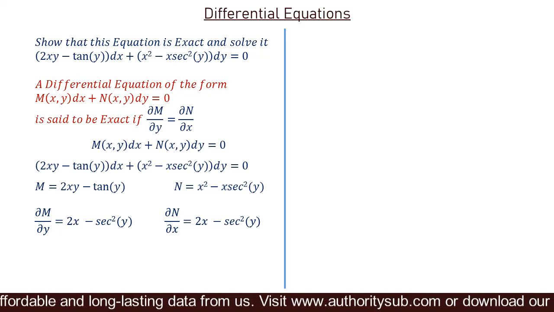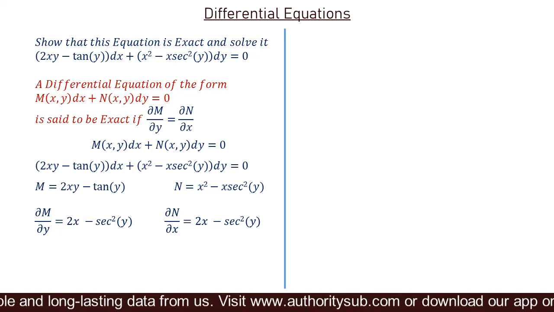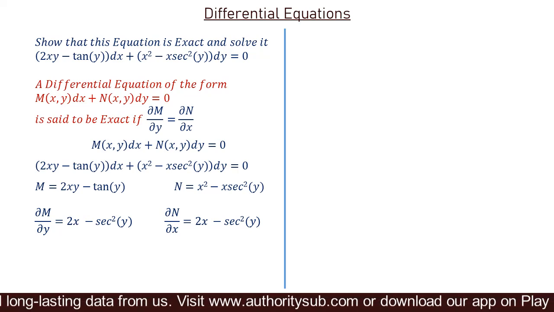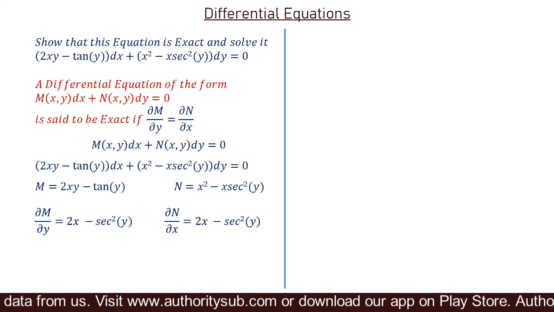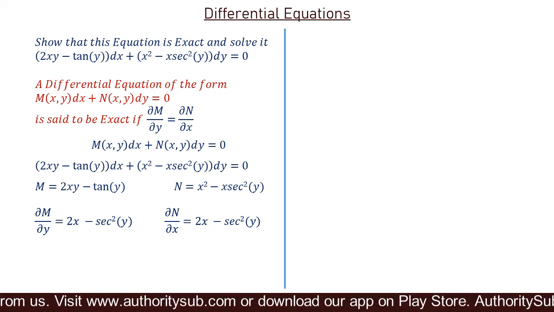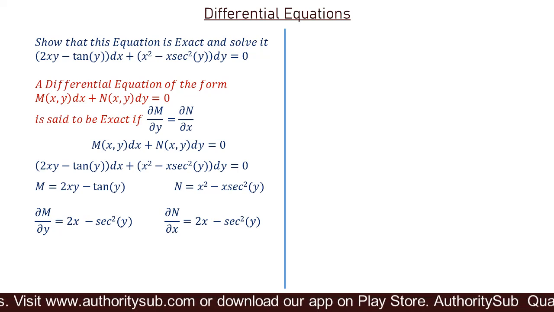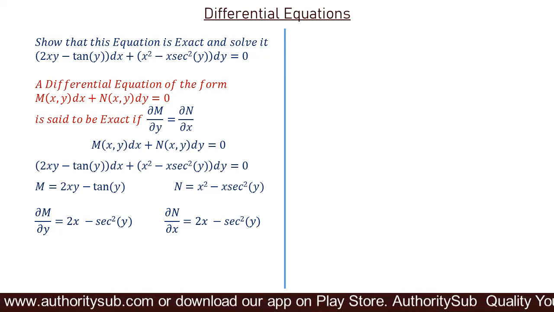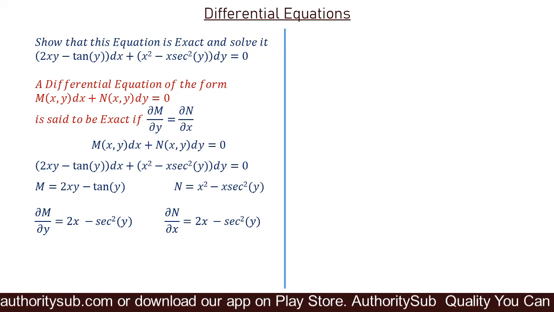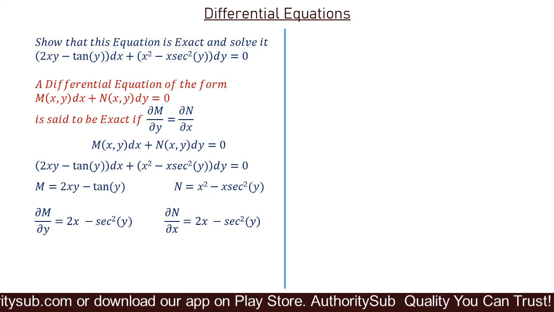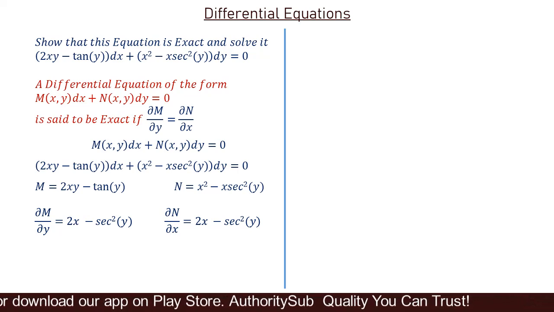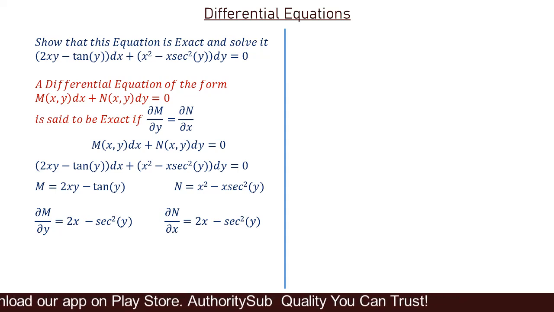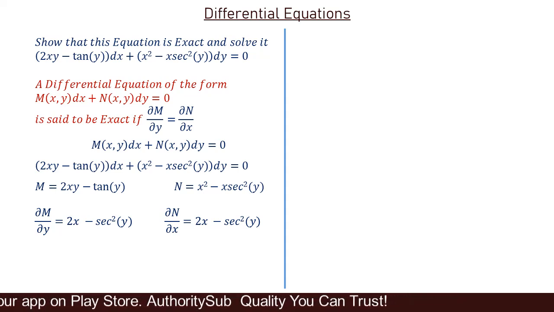So when you differentiate −x with respect to x, it gives you −1 multiplied by sec² y, plus the derivative of sec² y with respect to x, which is 0, multiplied by −x, equal to 0, right? So here, the partial derivative of N with respect to x is equal to 2x − sec² y.